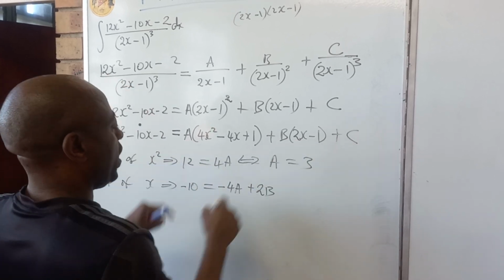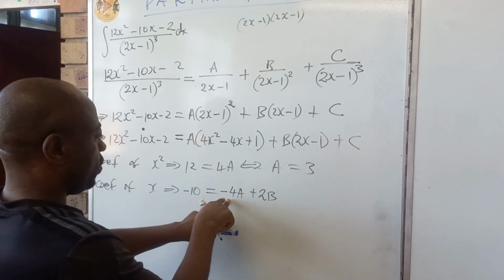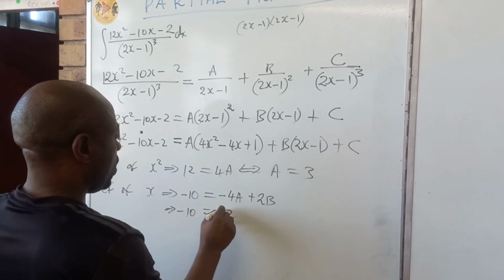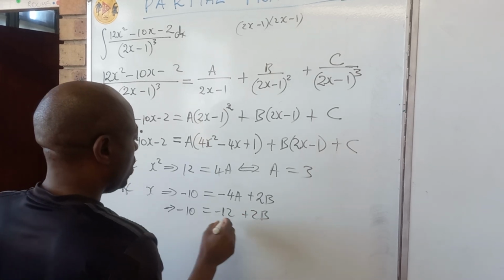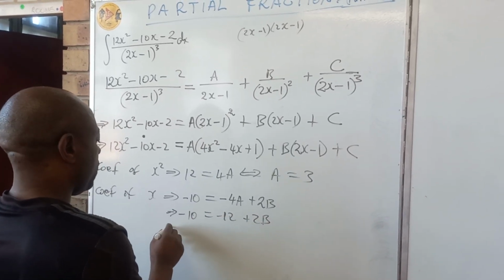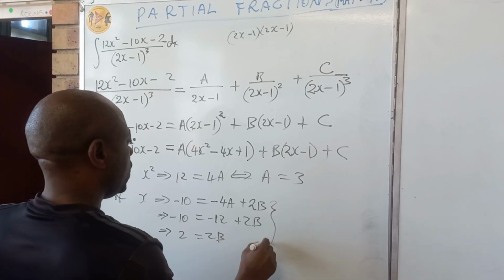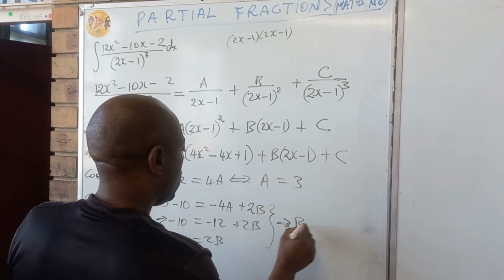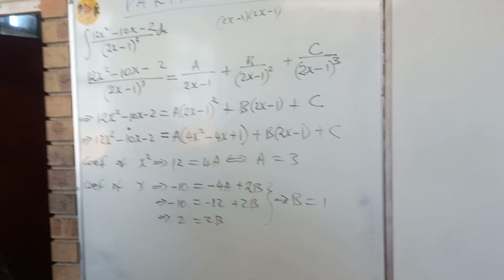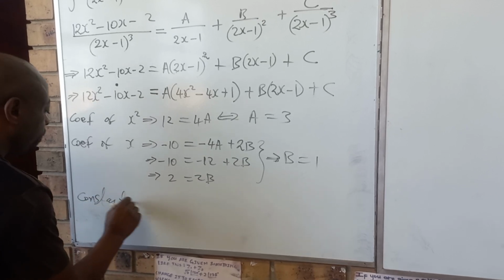But we already know A to be 3. So 3 times negative 4 gives negative 12, plus 2B. The negative 12 will go there as positive, so you have 2 is equal to 2B. This tells us that B is equal to 1 if you divide both sides by 2.